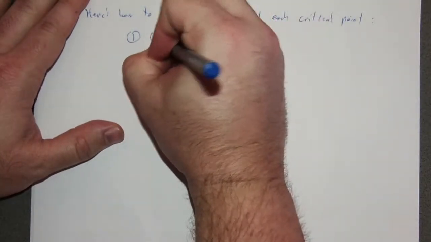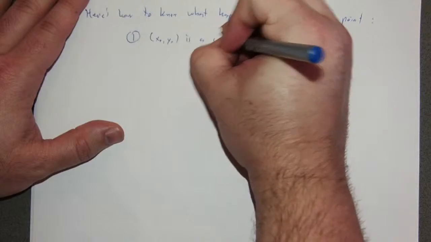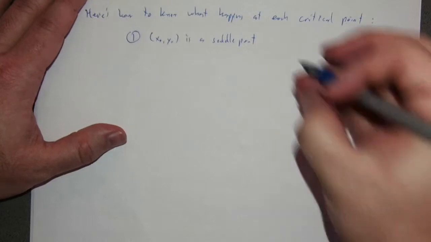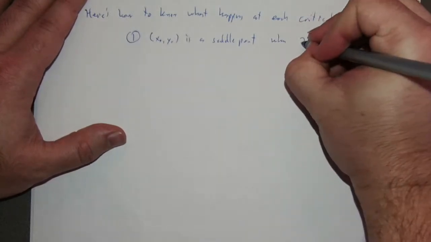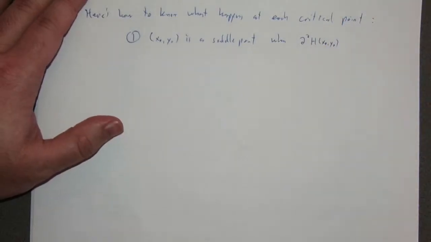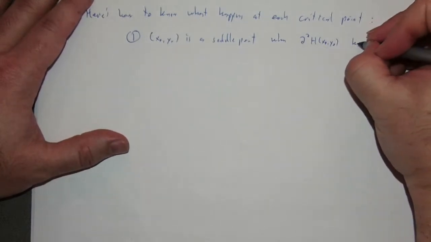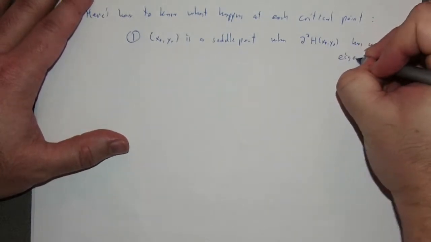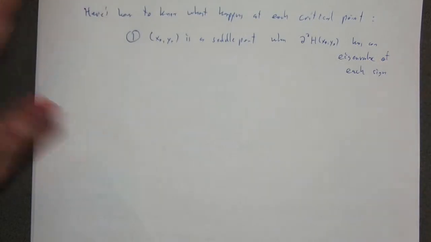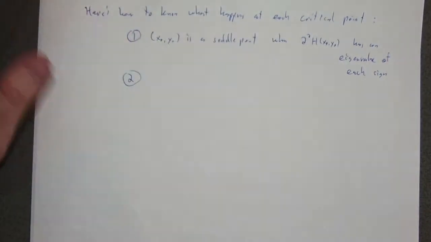So 1, x naught y naught is a saddle point if and only if, or exactly when, the Hessian matrix at x naught y naught has one eigenvalue of each sign.